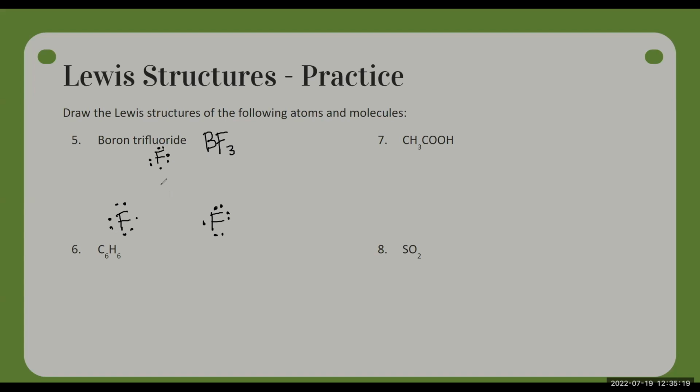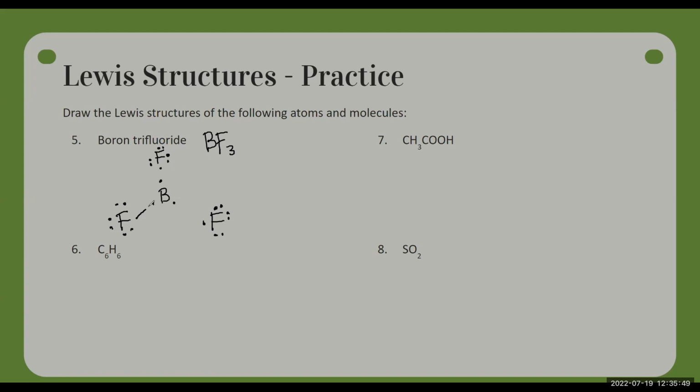And then remember that boron is going to be one of those violations or exceptions to the octet rule. So we can draw boron in the center, and boron is a group 3 atom, so it can form a total of 3 bonds. So if we draw the connectivity, we can just connect these unpaired electrons between fluorine and boron.